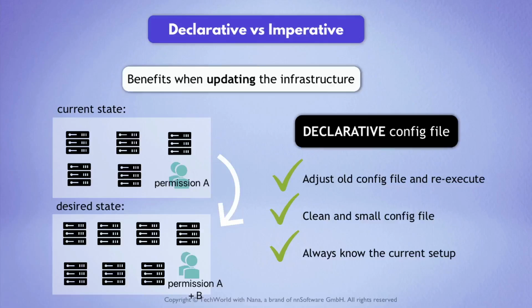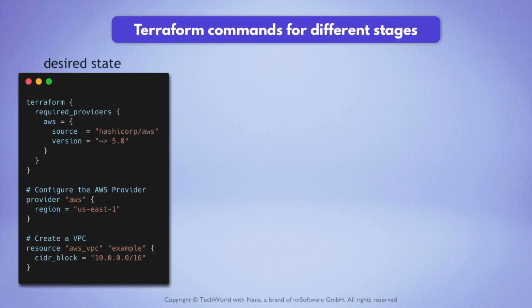Whereas in the first approach, an imperative, you have to somehow add this up and figure out the delta between all the changes applied by multiple instructions. So you've created a Terraform file, configuration file, that defines your desired infrastructure setup on AWS. Now, how do you make Terraform take action?